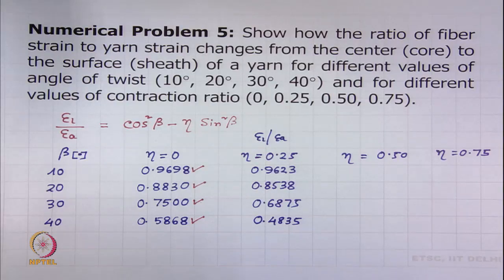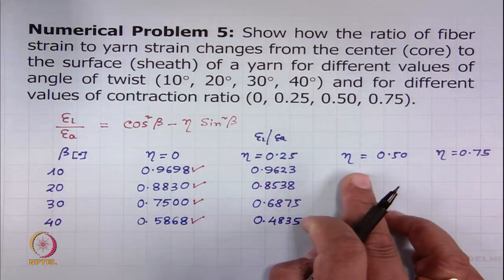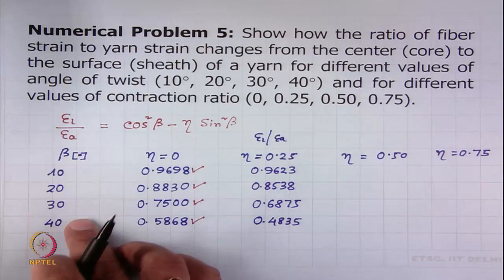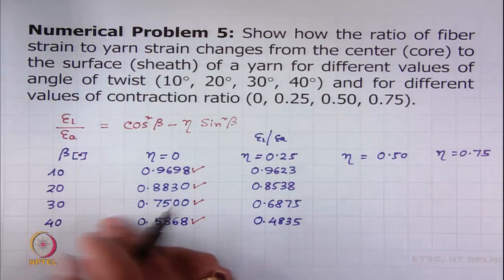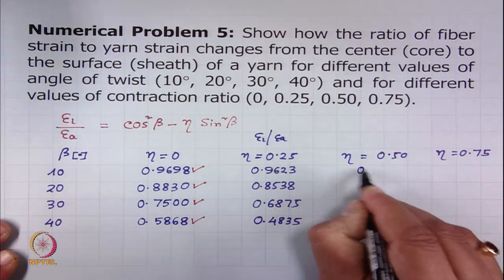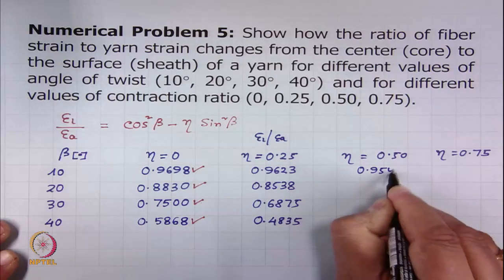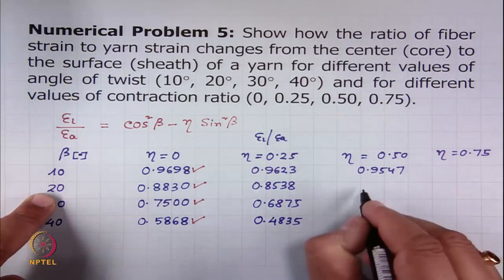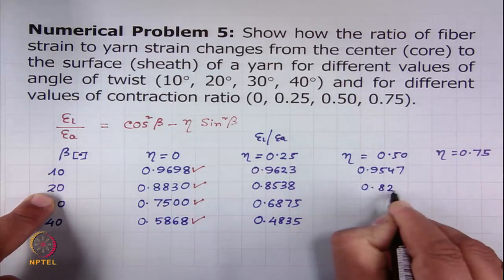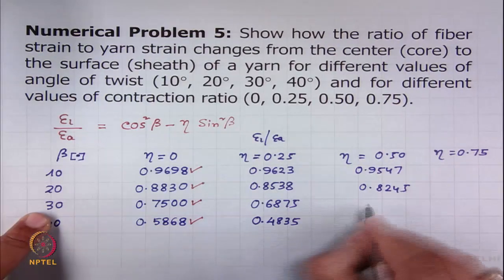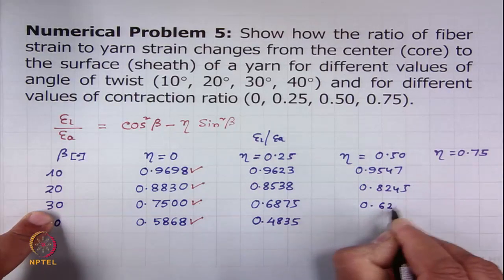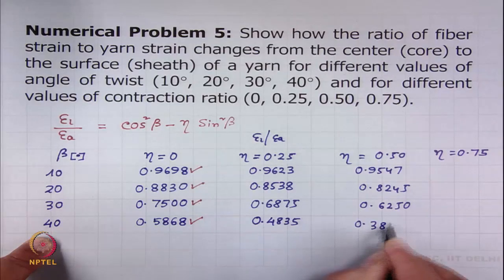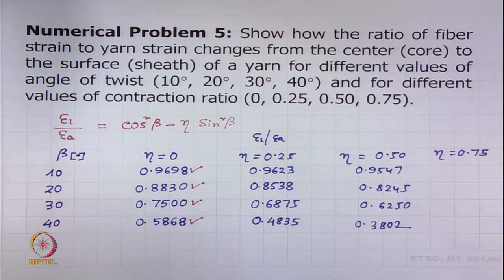In the similar manner we can solve what this ratio is when contraction ratio is 0.5 and there are 4 different angles of beta. These answers will be 0.9547, then for 20 degree beta the answer will be 0.8245, for 30 degree the answer will be 0.6250 and for 40 degree the answer will be 0.3802.